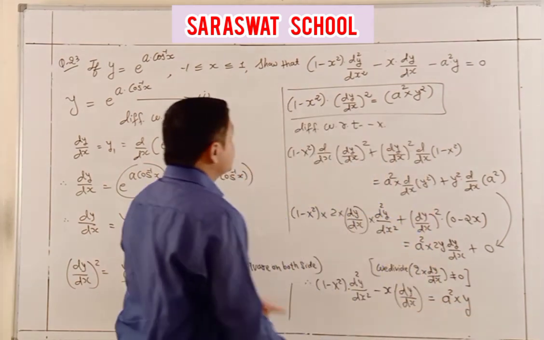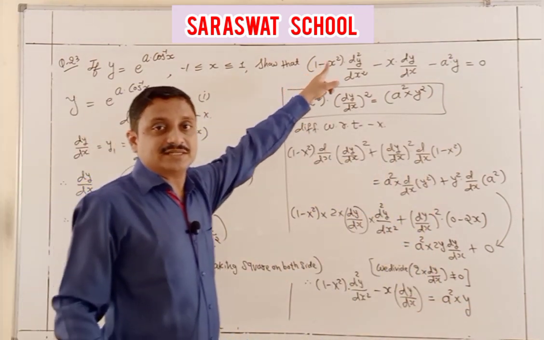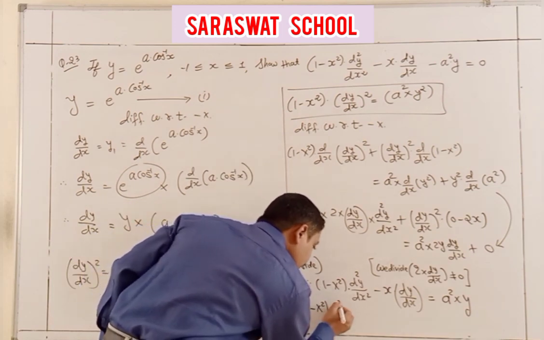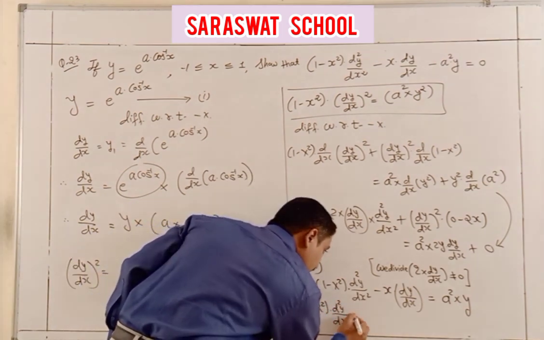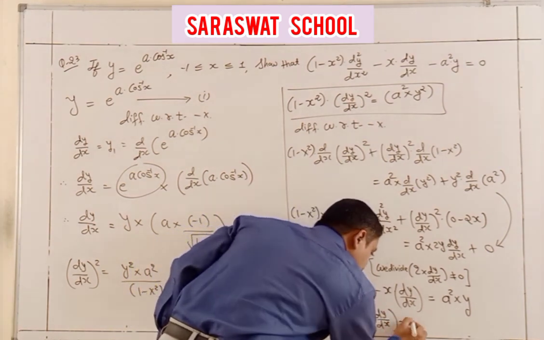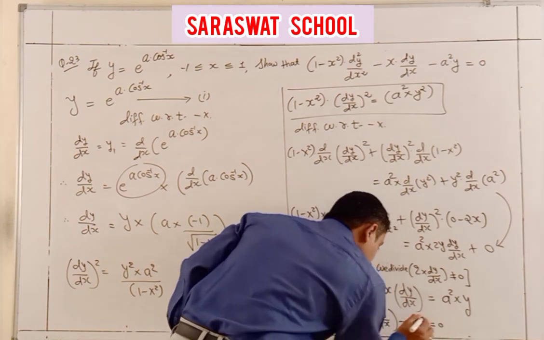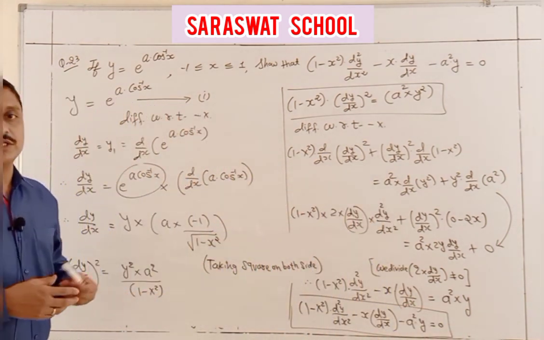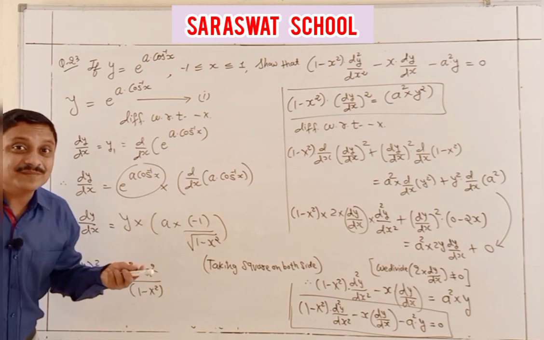Check, that's your result. Lastly, I am showing that 1 minus x square d square y by dx square minus x dy by dx minus a square y is equal to 0. And that's it, students, this question is happily done.